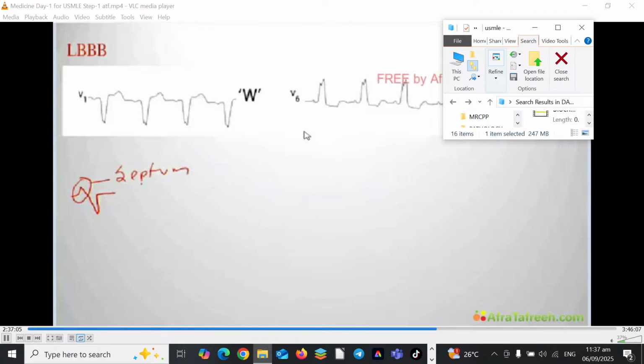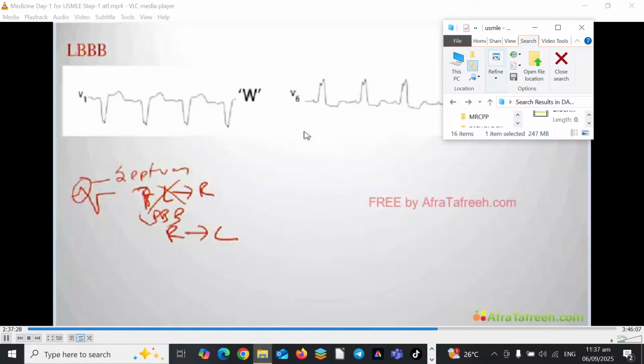It was from left to right. But if the left bundle is blocked, this is the left bundle branch block, right? So now the septum is getting depolarized from right to left. As everything is moving in the left direction, V1 would have what? V1 would have the Great Depression, and that's what you're seeing there.